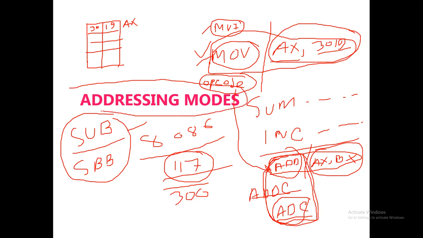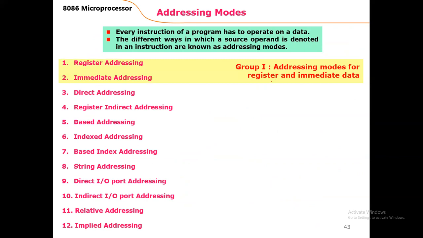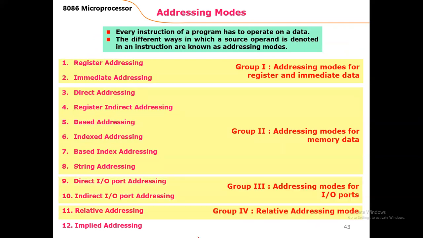Addressing modes have different definitions. In total there are 5 addressing mode categories. Some of these categories have two parts, another has six parts, and one is single. So the addressing modes fall into 5 categories, meaning our total instructions and opcodes use 5 categories of addressing. Clear?